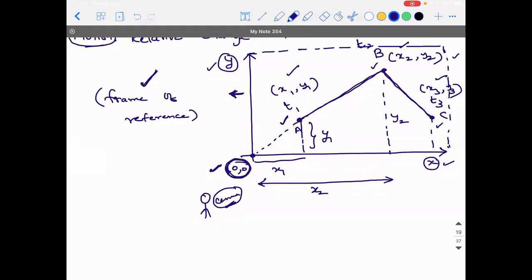So if you're able to talk about a two-dimensional plane or a three-dimensional space where you take a particular point as a reference, in this case, the origin, and try to observe the motion of different objects, then that particular frame is what is called the frame of reference.